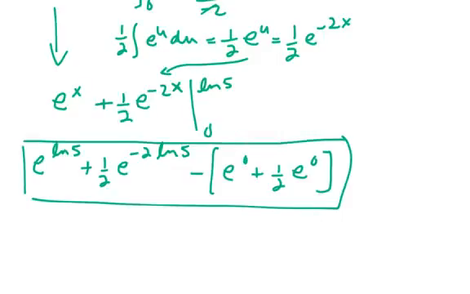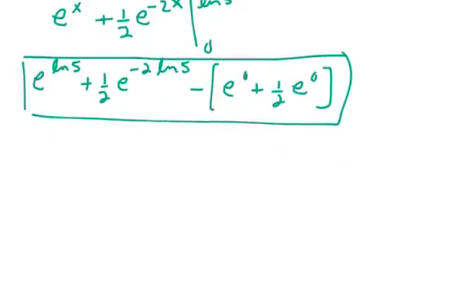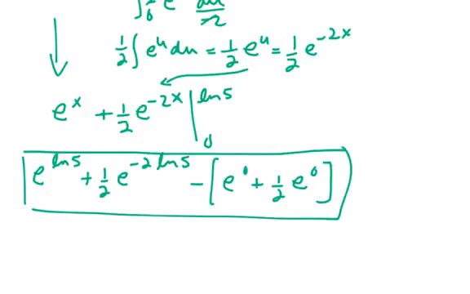You may or may not recall all of your log and exponential relations, so let's go through that. Let's finish off the algebra here. e to the ln of 5 is equal to 5, plus 1/2 e to the negative 2 times ln of 5.